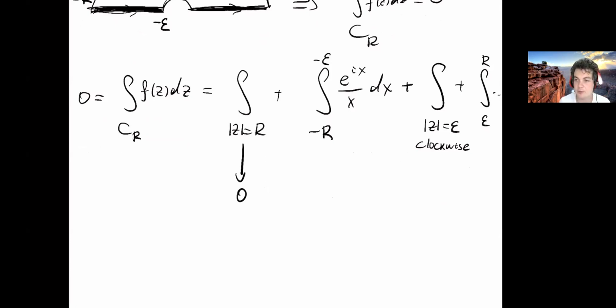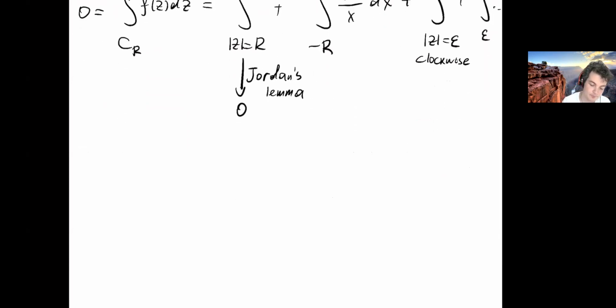I'm passing to the limit first as r goes to infinity, so this goes to 0. This is Jordan's lemma, which I discussed already, applies. So this first term disappears.